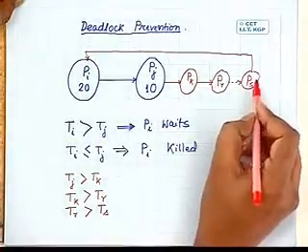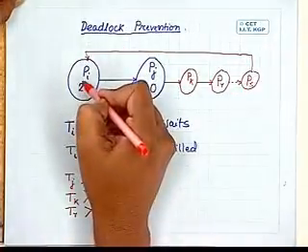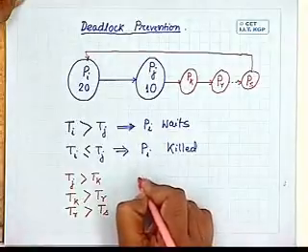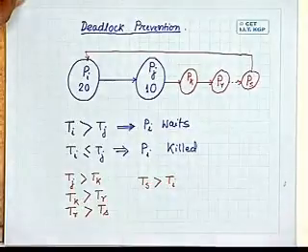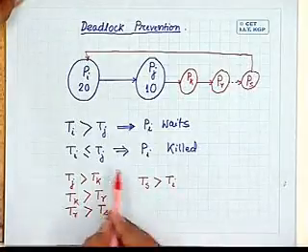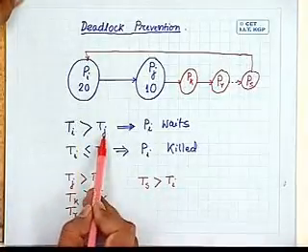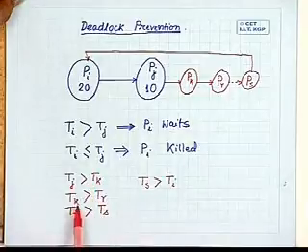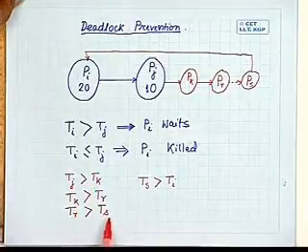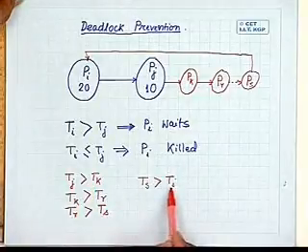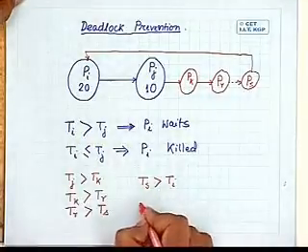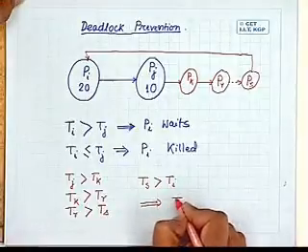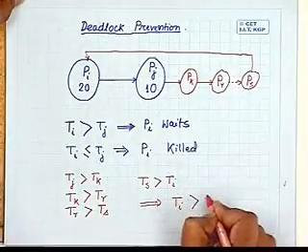And finally, because Ps is also waiting for Pi, Ts will be greater than Ti. So we started with Ti greater than Tj, Tj greater than Tk, Tk greater than Tr, Tr greater than Ts, and finally Ts greater than Ti, which by transitivity comes to Ti greater than Ti.